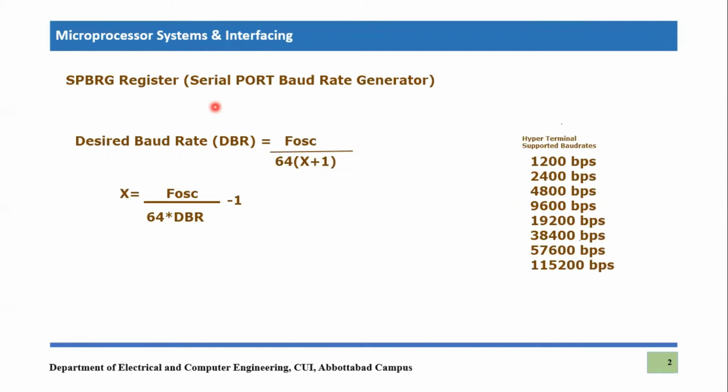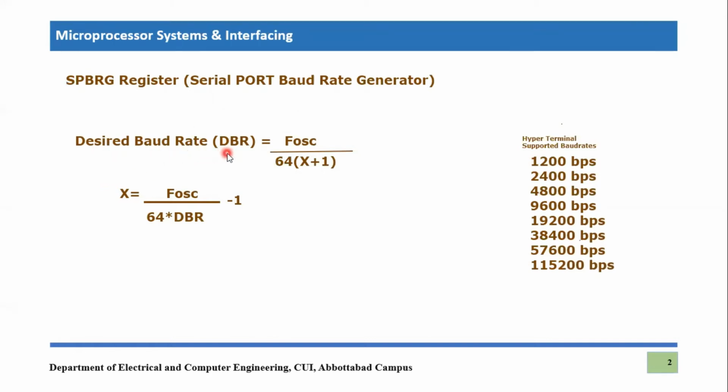When devices are supposed to communicate, they need to communicate at a certain transmission rate at which both can understand what is being communicated. So the serial port baud rate generator is very important because it defines that transmission rate, or information rate, which is normally termed the desired baud rate.